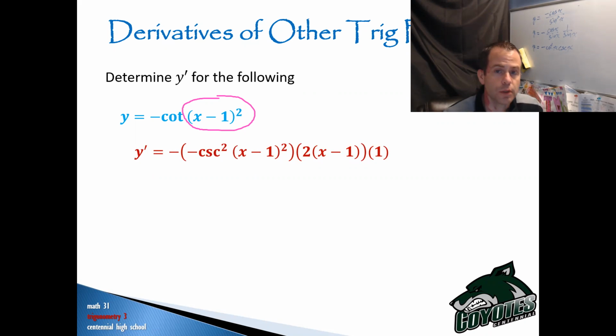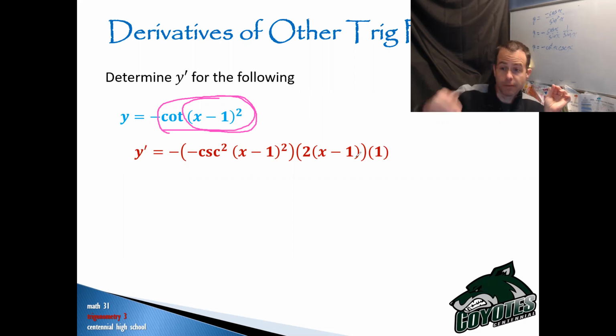Okay, so again, just for clarification, here's my negative. The first thing I did was the derivative of cotangent of something is negative cosecant squared of my something. Then I took the derivative of x minus 1 squared, which is 2 times x minus 1, times the derivative of that inside function, which is just 1.